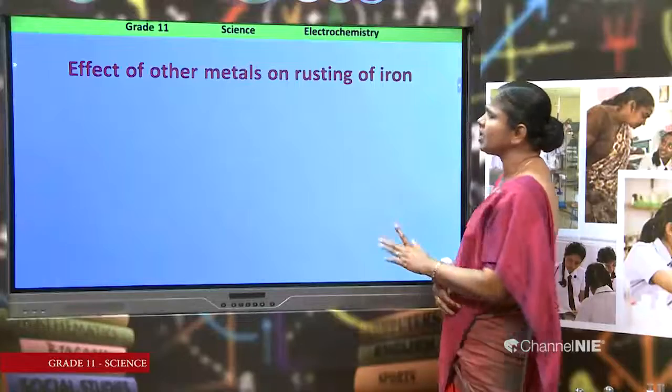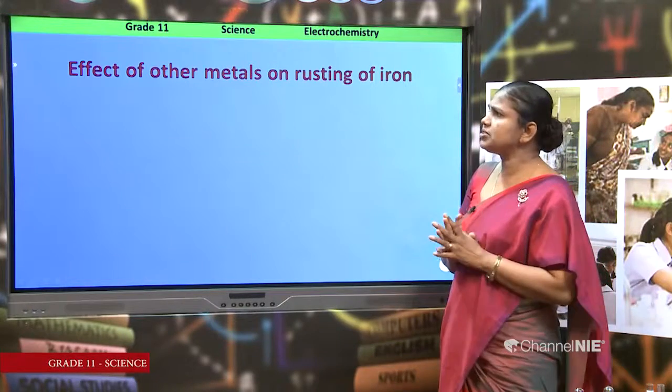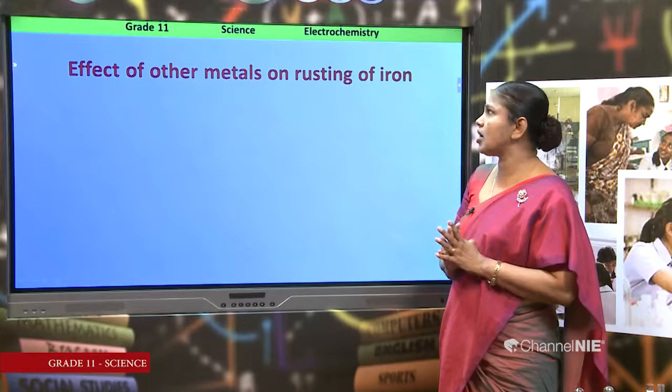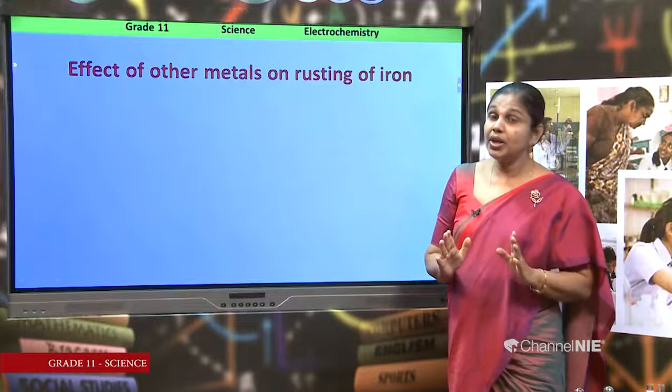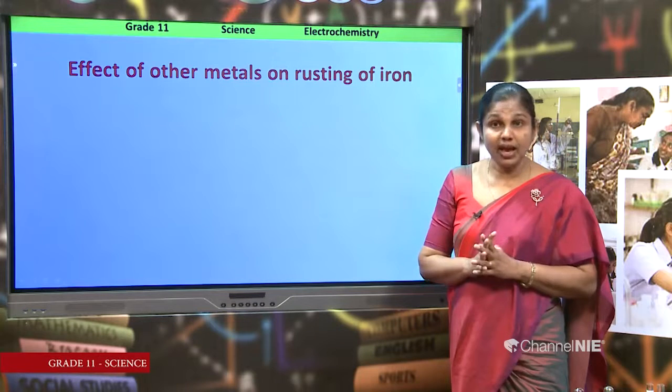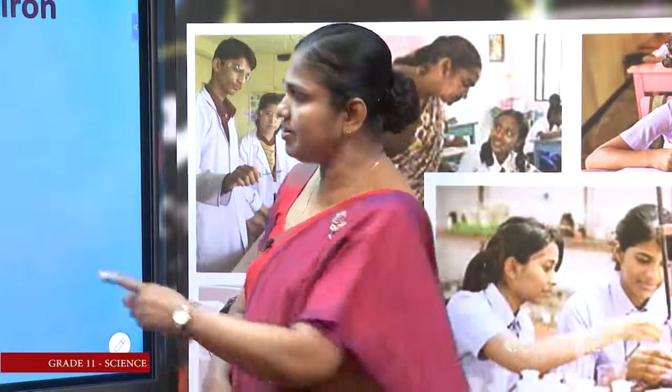Okay. Then let me explain the effect of other metals on rusting of iron. Now we are going to learn the effect of other metals on rusting of iron. Right. Look at this picture, children.